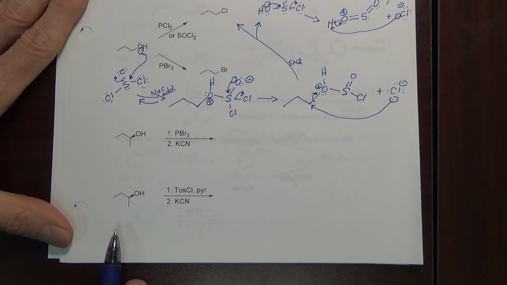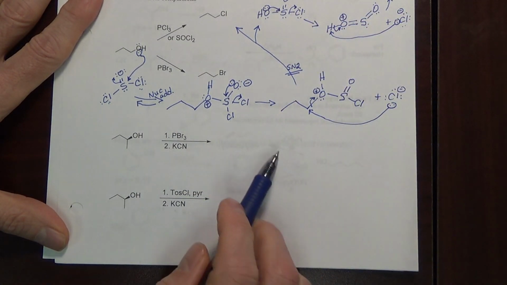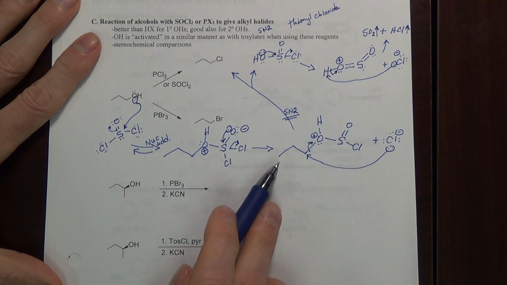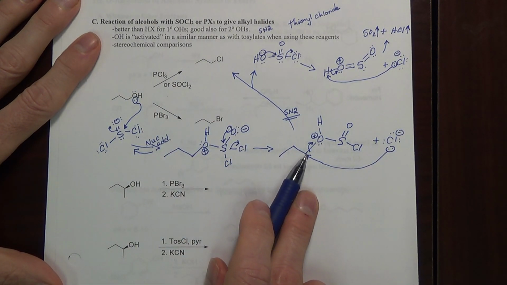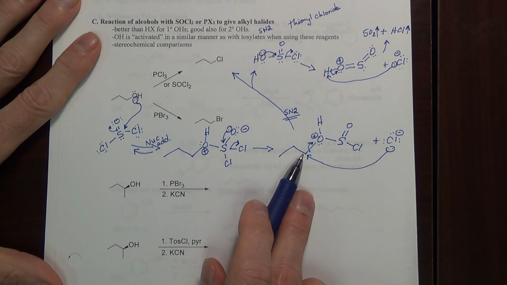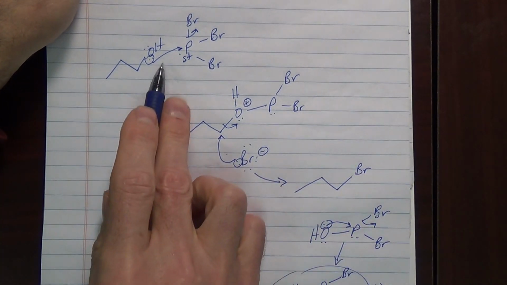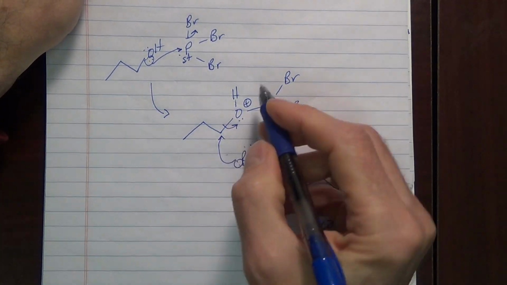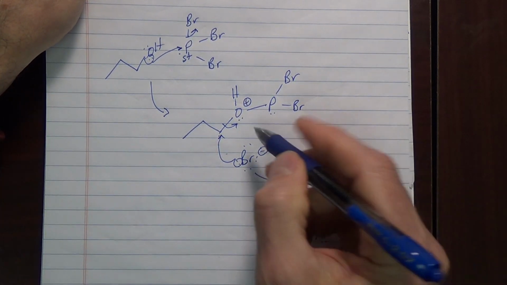Now keep in mind that when we made the alkyl chloride, we did an SN2. We did chemistry at the carbon. Backside attack. All right. Same thing if we react with PCl3 or PBr3. We're doing SN2. Chemistry at the carbon. We're going to get inversion.